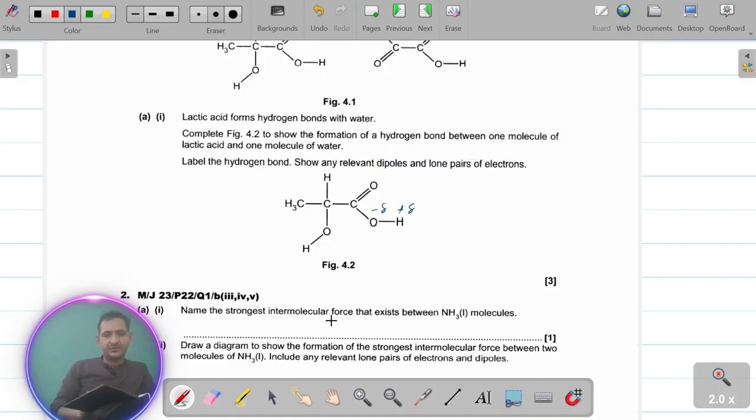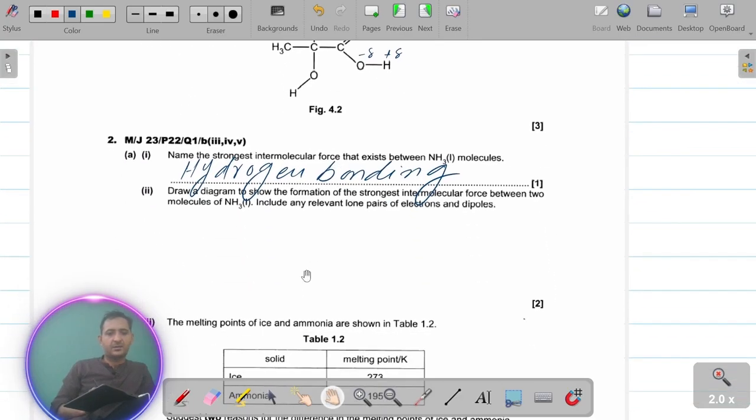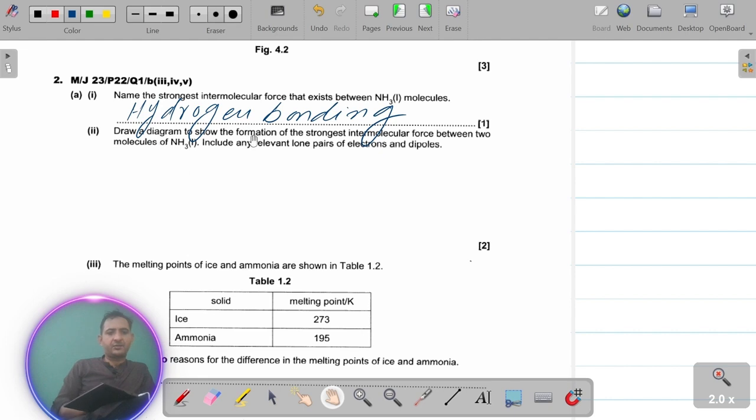Name the strongest intermolecular force that exists between one NH3 molecule and another. It is hydrogen bonding. Draw a diagram to show the formation of the strongest intermolecular force between two molecules, and include relevant dipoles.